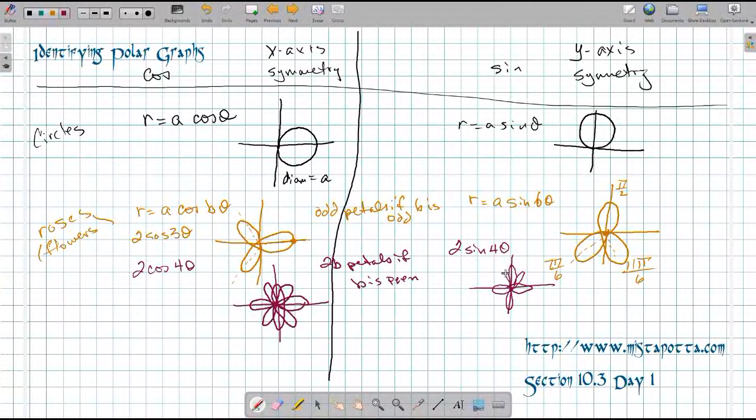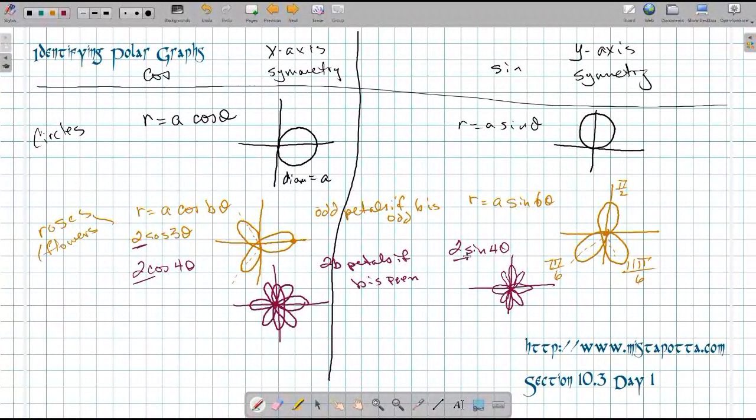And of course, each of these petals are going to be pi over 4 units away from each other. Now, the length of all of these petals is determined by the lead coefficient, because that's as far away from the origin as I can get. So my lead coefficient is 2.